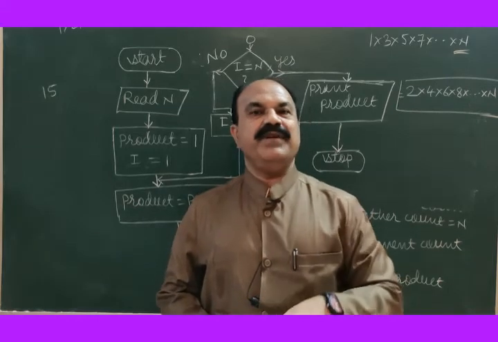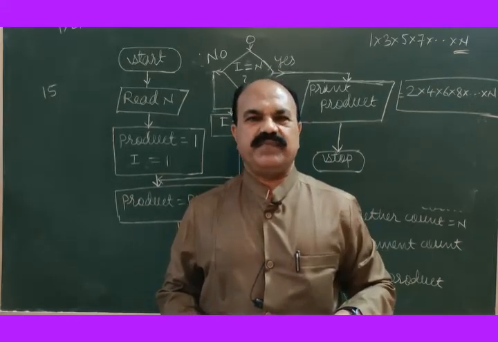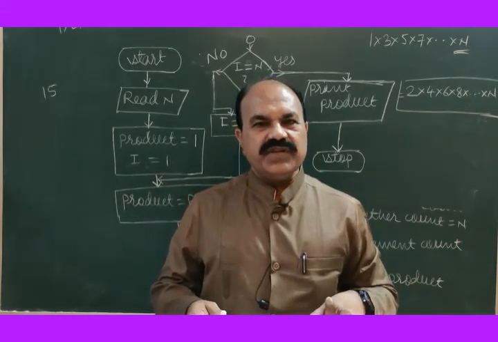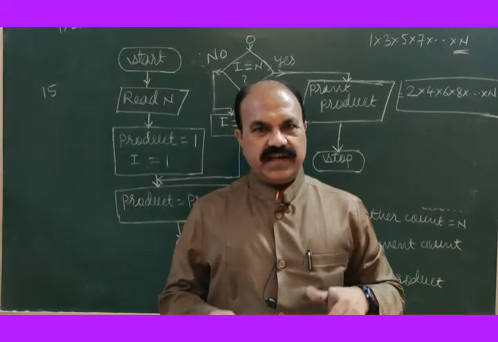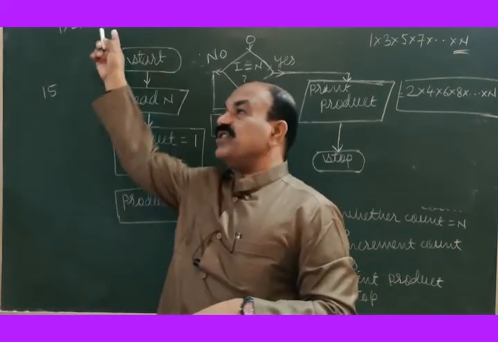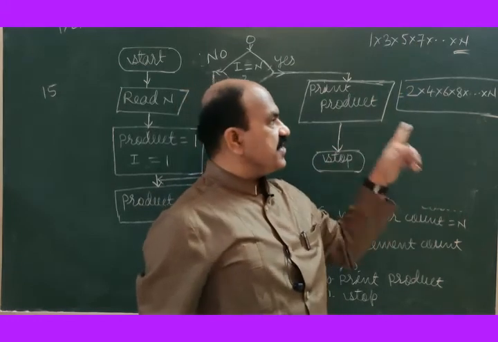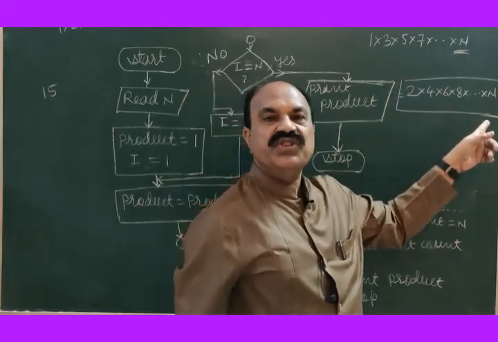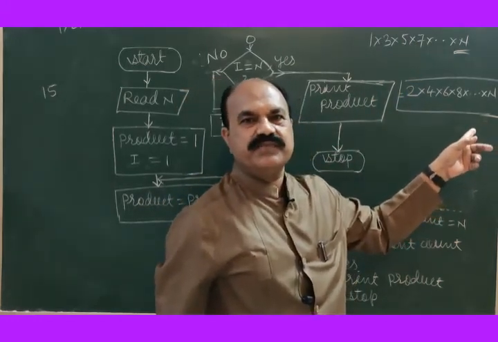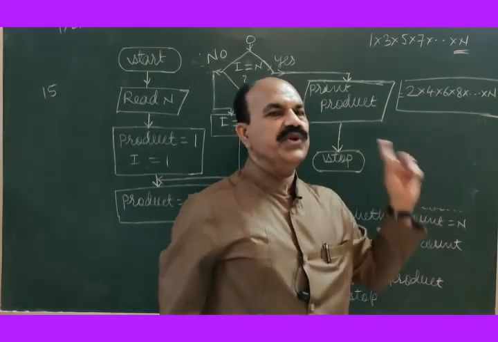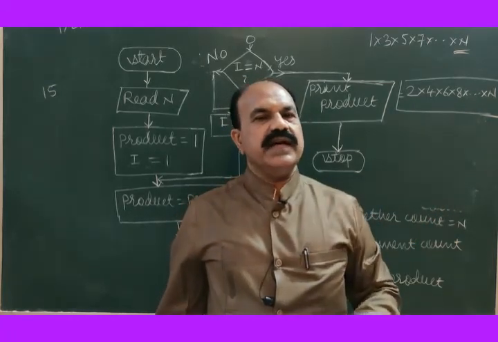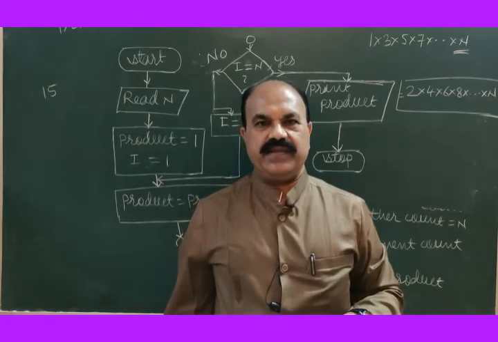This is assignment for you. Very simple. If you understood the algorithm and product for this series and for this series, you can do for this series. I am sure it's very easy and you can do it. Do it and show me.